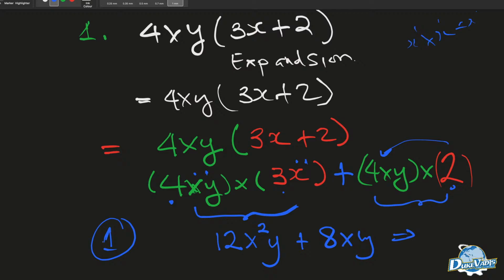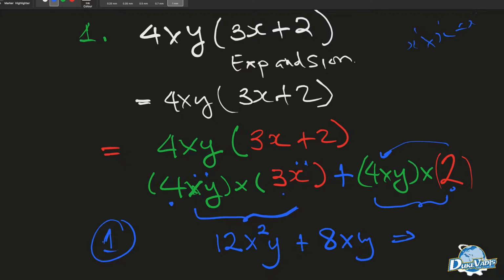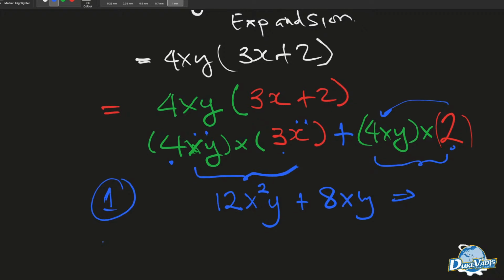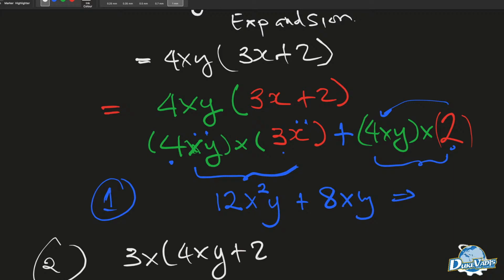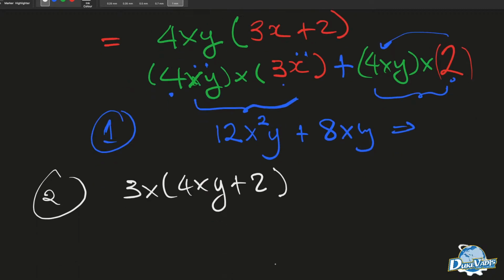Now, let's look at question 2, which is also simplification. Question 2 says we have 3x out, into bracket 4xy plus 2. So what do I do?